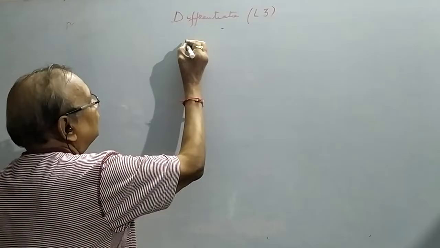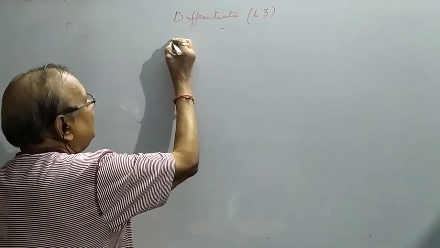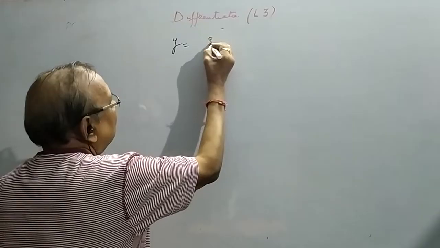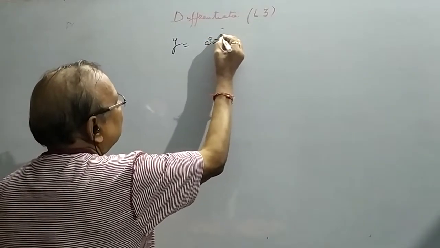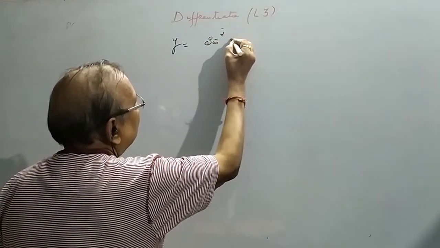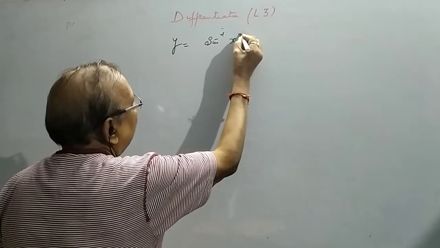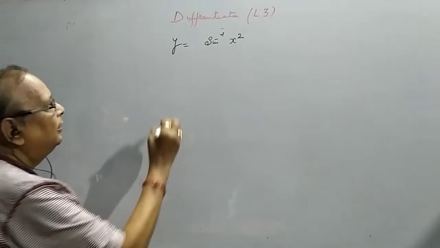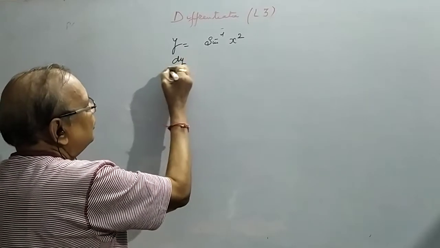Now, let us consider y is equal to sine inverse x square. How will we get dy by dx?